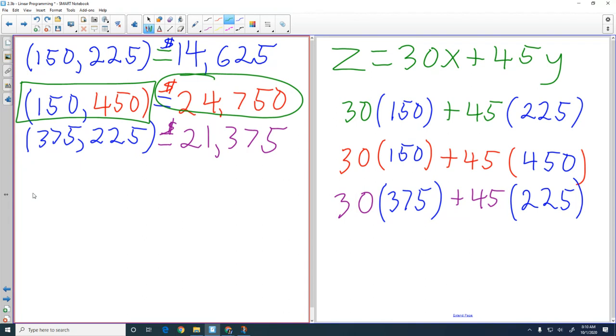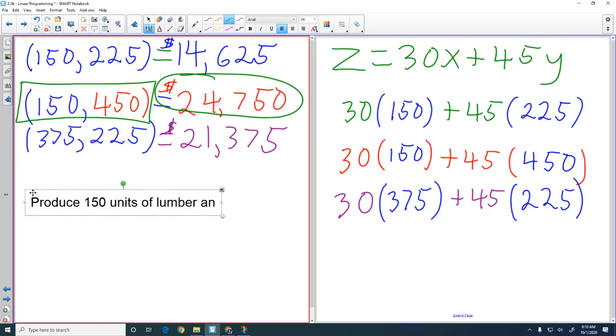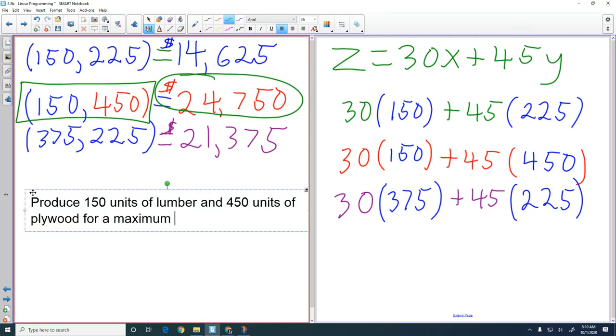So 150 was the number of units of lumber, right? X was lumber. And did this person have a name? No, it's just a lumber mill. Lumber mill should produce 150 units of lumber and 450 units of plywood for a maximum profit of $24,750.